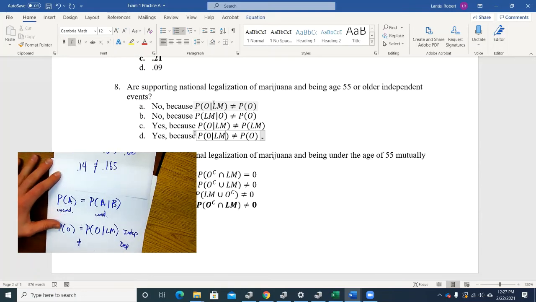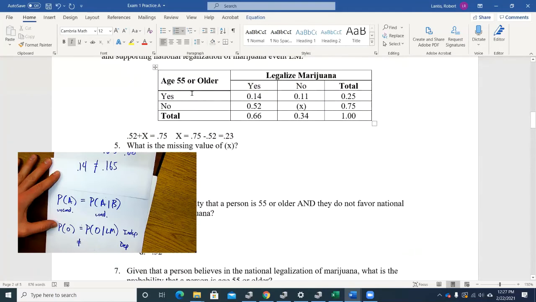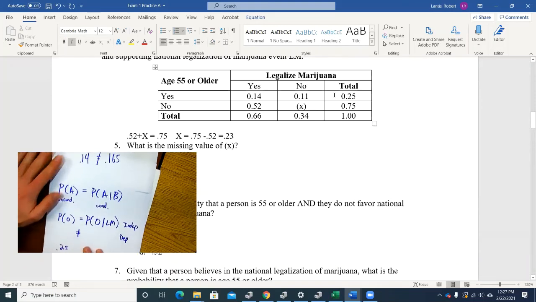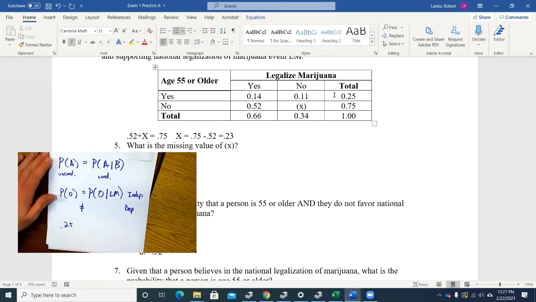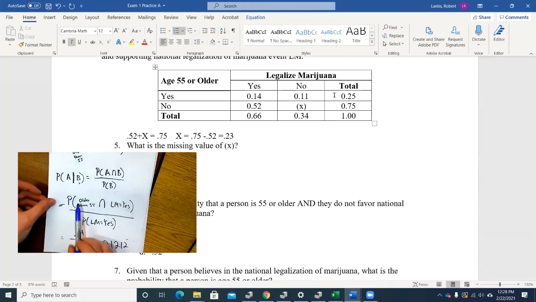Well, what's the probability of being older than 55? Go up here: older than 55, 0.25. So 0.25. What's the conditional probability? Well, we can't just get the conditional probability directly from the table, but earlier we'd actually solved for a conditional probability already.